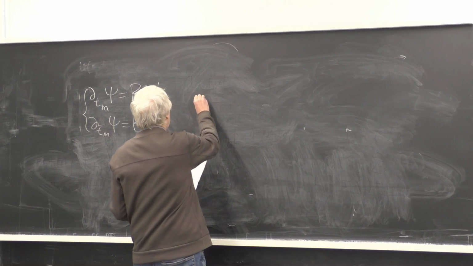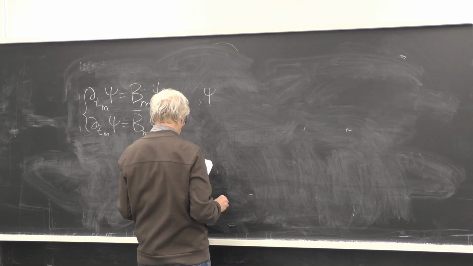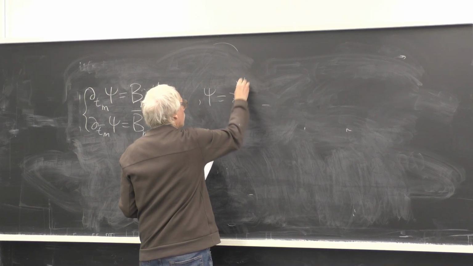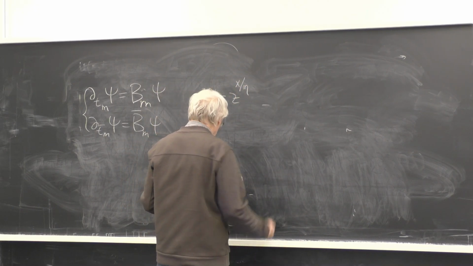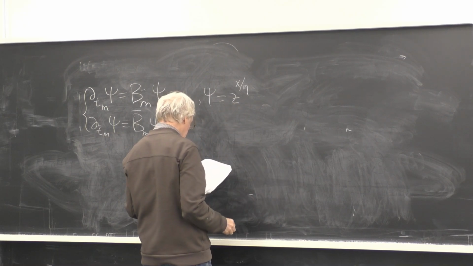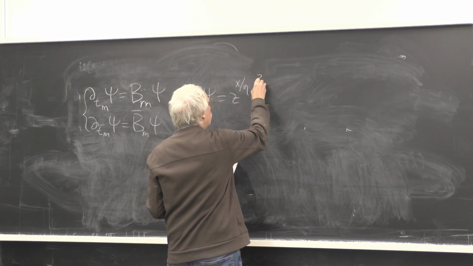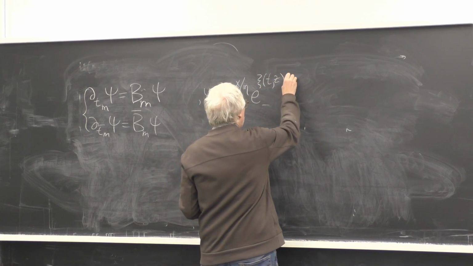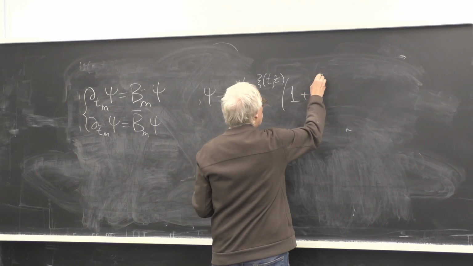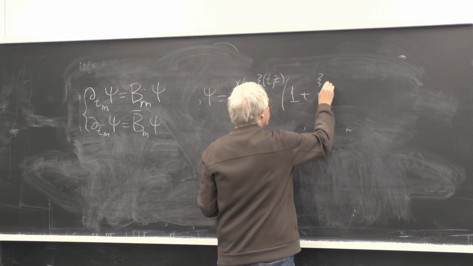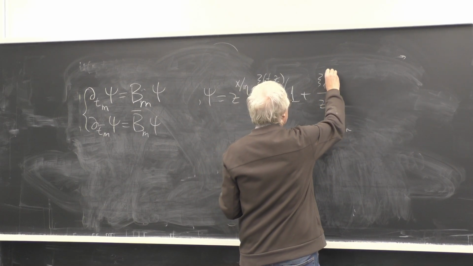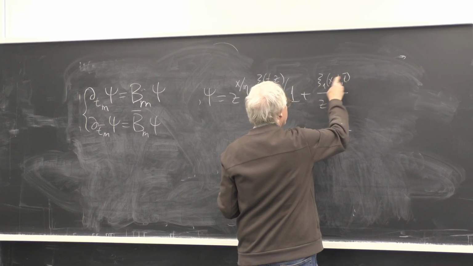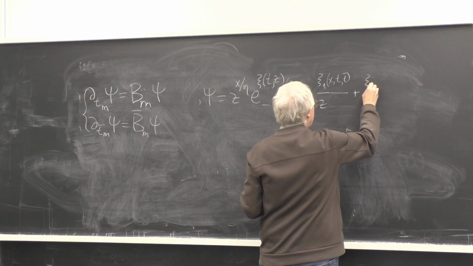This function can be represented in the form of a series. It depends on a spectral parameter. And here we have a series where the xi's are functions of x, t, and t bar.